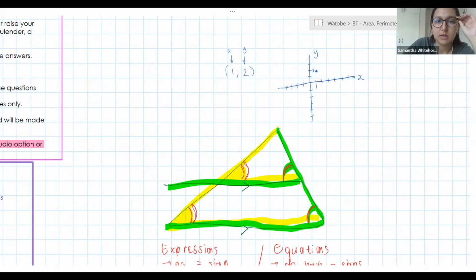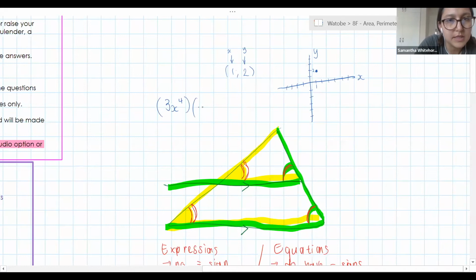Okay. Another question. How to solve this: 3x to the power of 4 times negative 2x to the power of 2? Hang on, let me write this down.